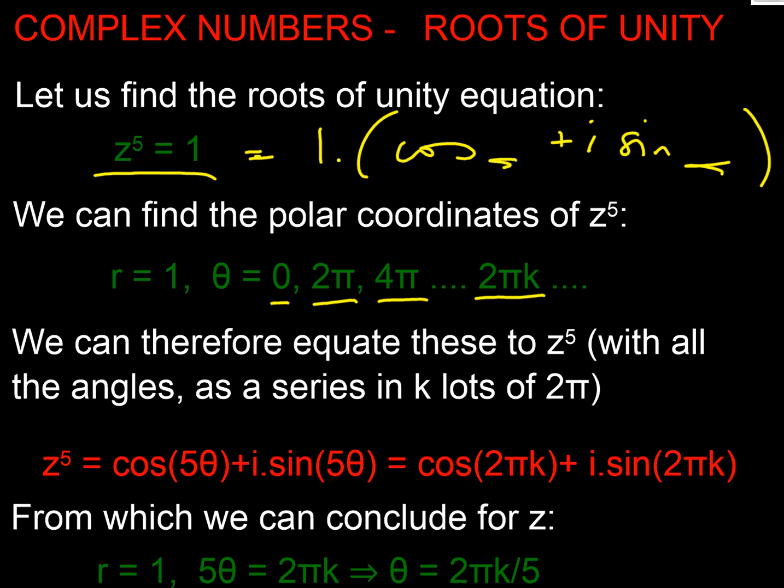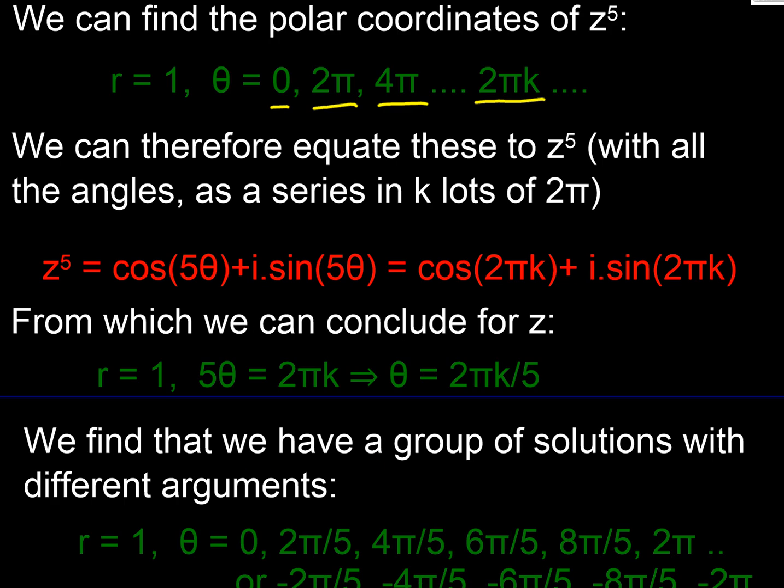And if we compare that now to our de Moivre, we know, because we're doing z to the 5, that we could rewrite our power as cos 5 theta plus i sine 5 theta. And that's got to equate to an angle from our list above, any integer multiple of 2 pi. We write that as 2 pi k, where k is the number of lots of 2 pi.